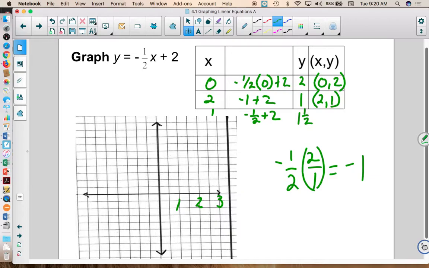Good job. The only thing you need to do is you need to label your axes so you know where those points are and then identify them. Okay? Good. Do you know where you got that to? Okay.